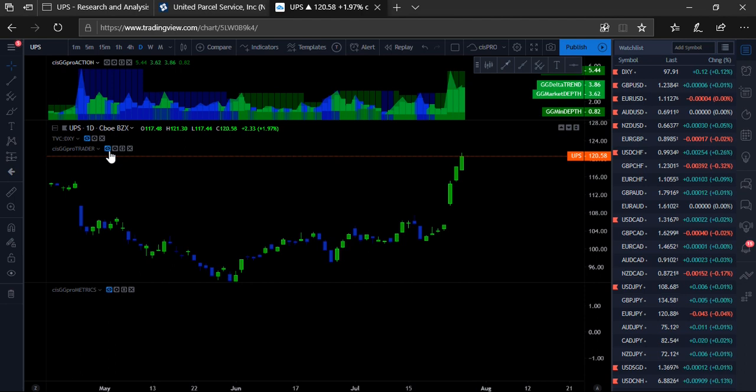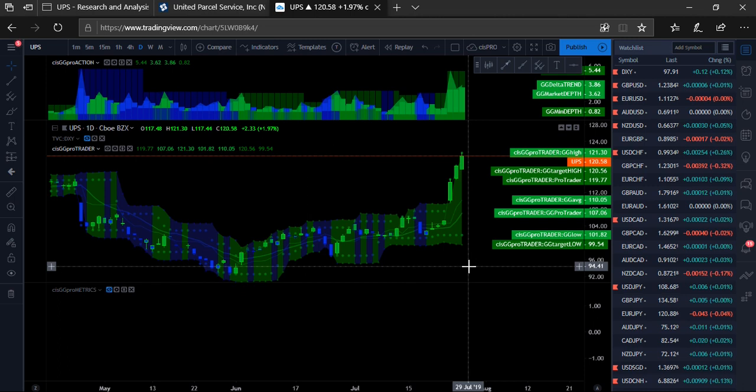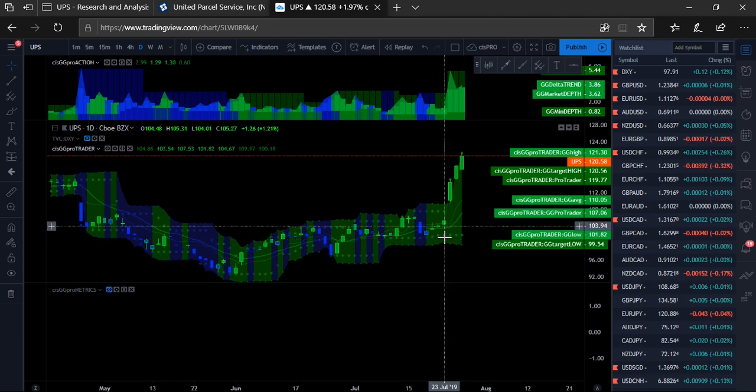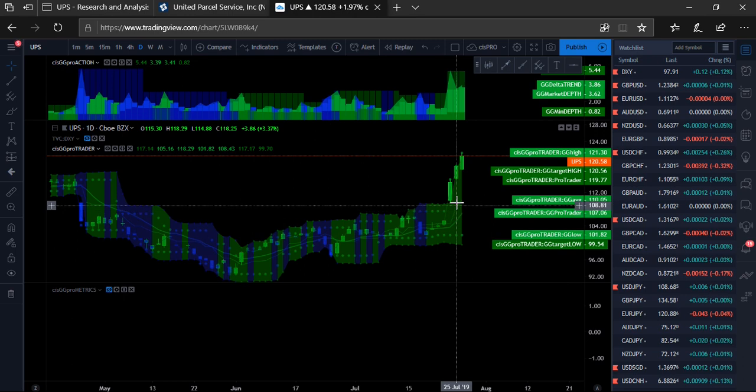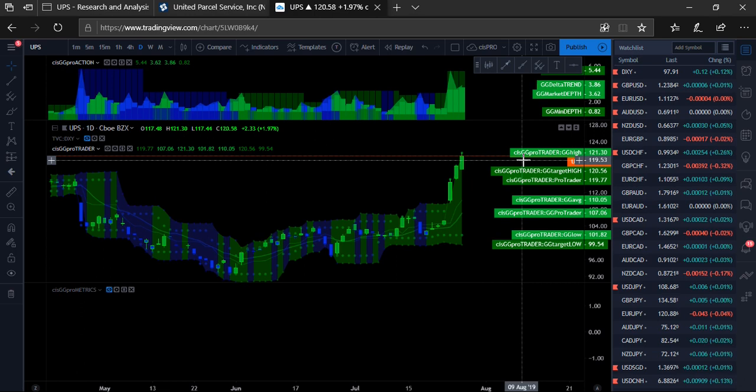Now let's take a look at our Pro Trader. So here was UPS just above the trend curve, trading right up against the momentum curve, the momentum inversion curve. All right, and it gapped up beyond the high target, beyond the peak high target, and then proceeded 3 consecutive days through the Great Gatsby Pro Trader peak high target, the GG high.